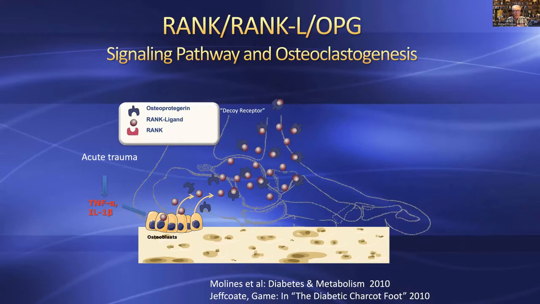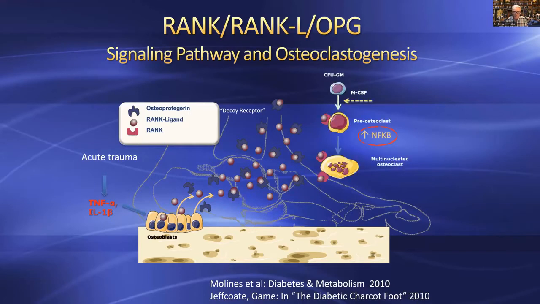Concurrent with the upregulation of RANKL, we have the upregulation of osteoprotegerin, which is the decoy receptor, which is really the balancing act to normally prevent aggressive upregulation of RANKL.